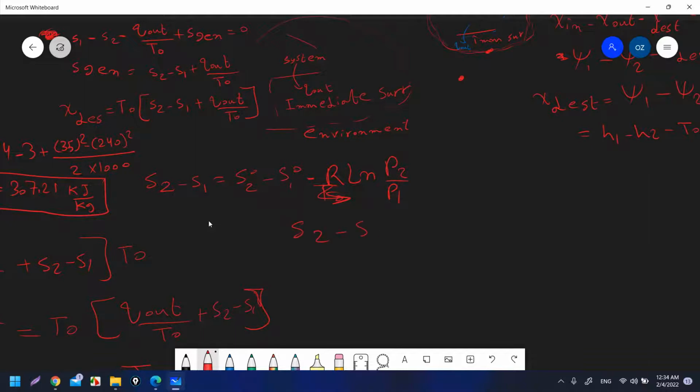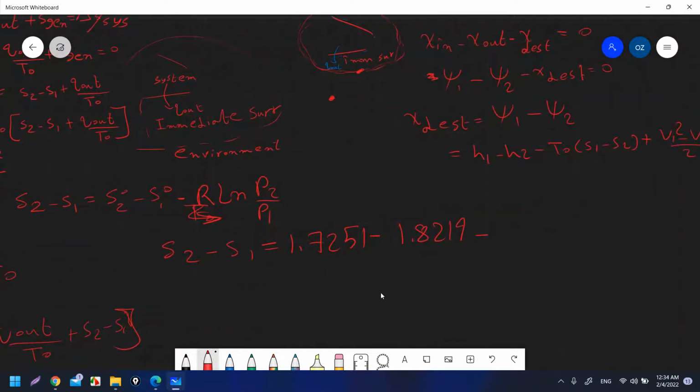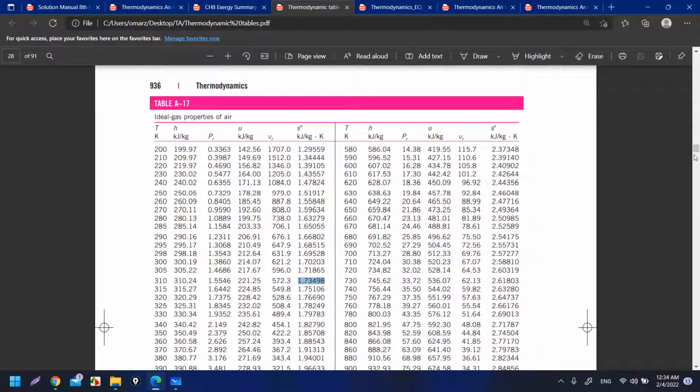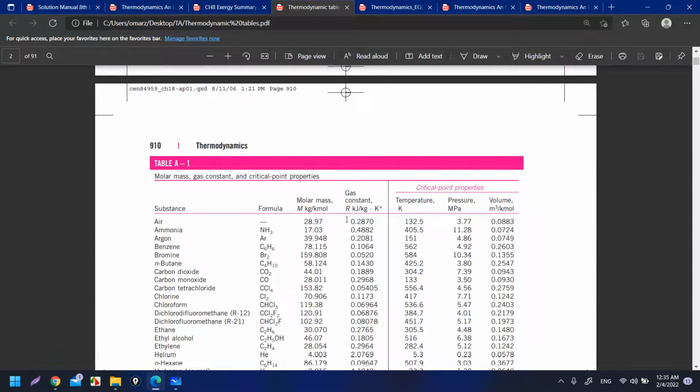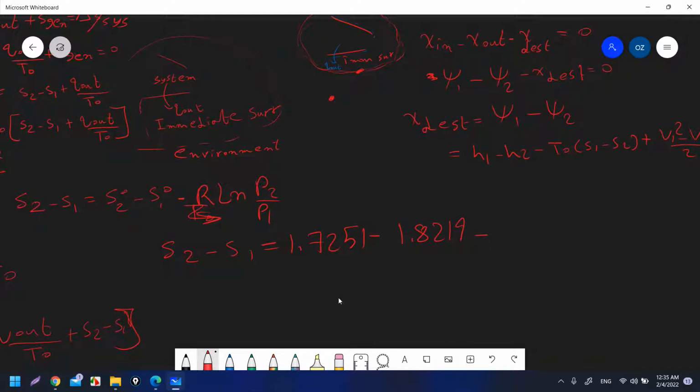So S2 minus S1 is equal to 1.7251, that's S2 naught, minus 1.8219, minus the ideal gas constant for air from table A1, 0.287, times the natural log of the pressure ratio 95 kilopascal and 200 kilopascal. This will give you S2 minus S1 is 0.1169 kilojoule per kilogram Kelvin.